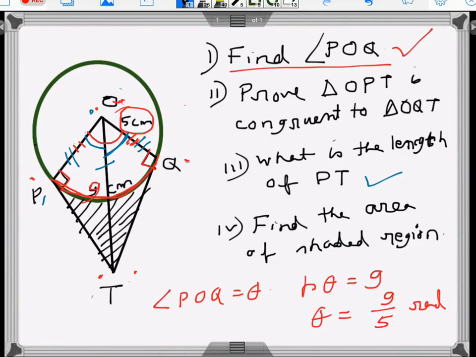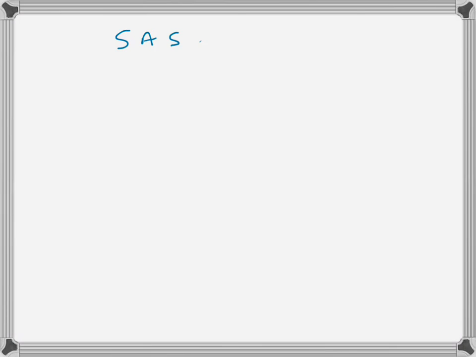Now the length of PT we need to find out. I will draw the triangle OPT on the next page. So this is O, this is P, this is T. We need to find the length PT, and this is a right angle.